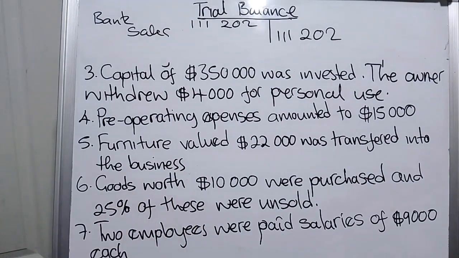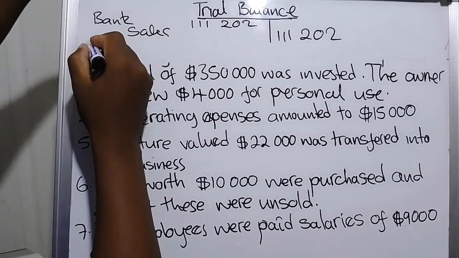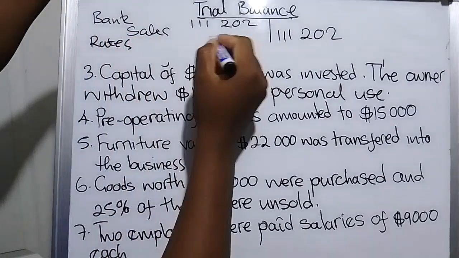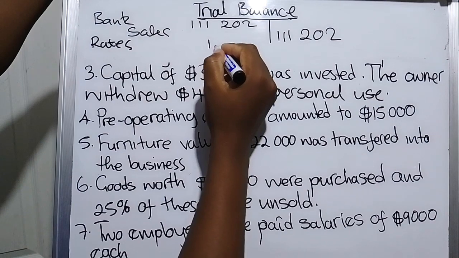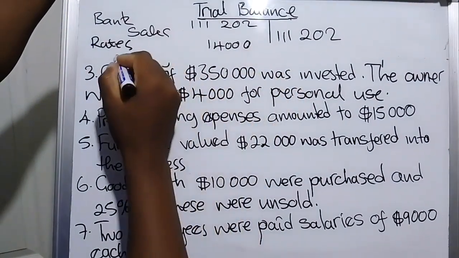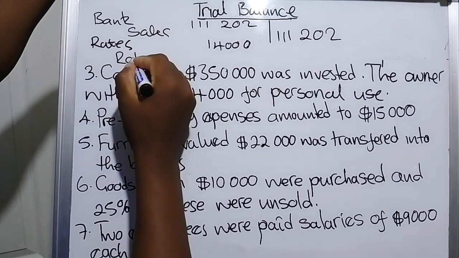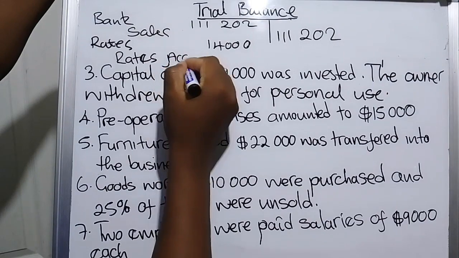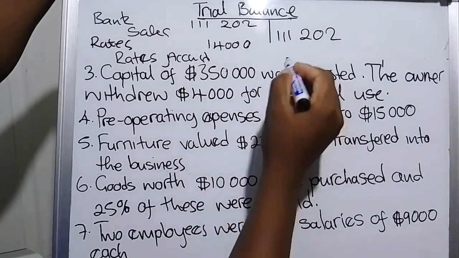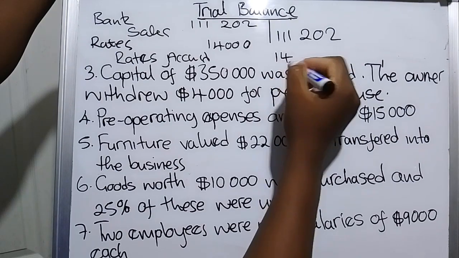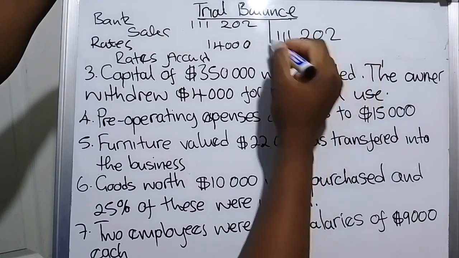We said the two accounts involved there are the rates, which accumulated to 14,000, and the rates accrued. The organization owes 14,000 to the authorities.